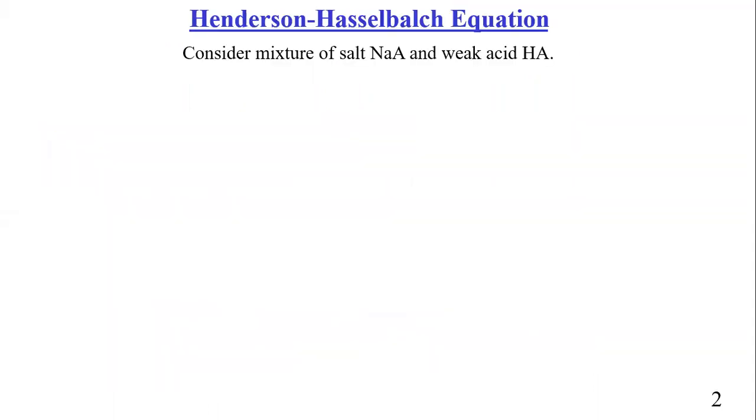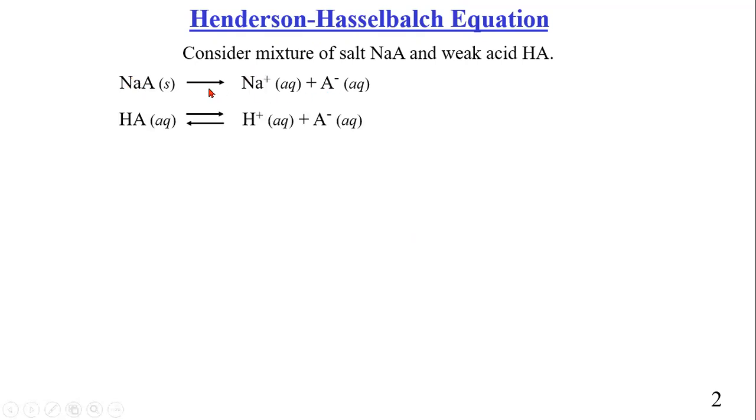The Henderson-Hasselbalch equation is an equation that we will always use whenever we have a weak acid and its conjugate base salt. So if I have a salt, NaA, solid, of course, you all know that that splits up in water into Na+ and A-. And if I have a weak acid, HA, you all know that HA will also react with water to give, let's say, H3O+ and A-.